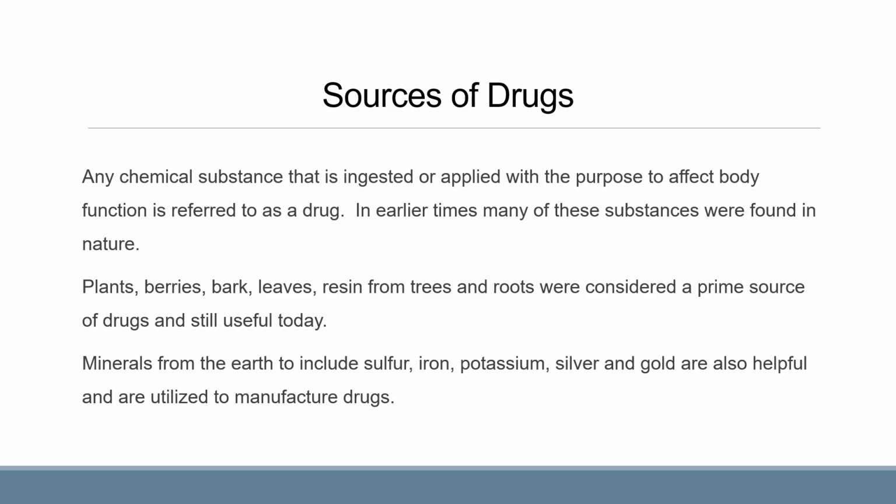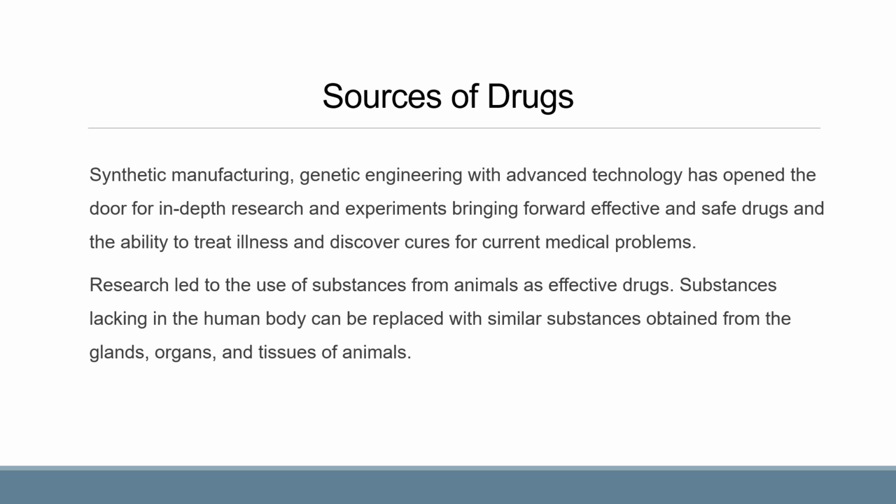Minerals from the earth that include sulfur, iron, potassium, silver, and gold are also helpful and utilized in manufacturing drugs. Synthetic manufacturing, so this is the genetic engineering with advanced technology, has opened the door for in-depth research and experiments, bringing forward effective and safe drugs, the ability to treat illness and discover cures for current medical problems.